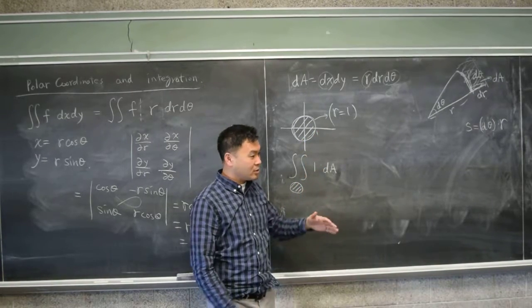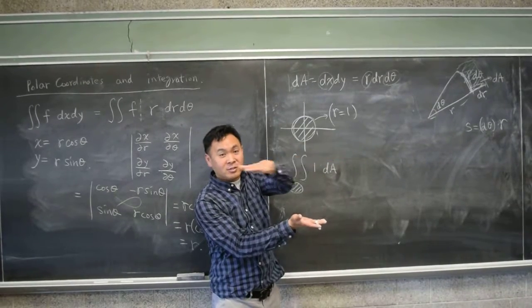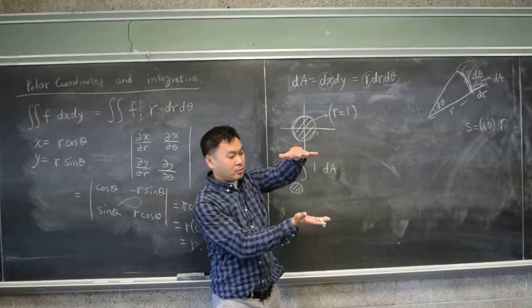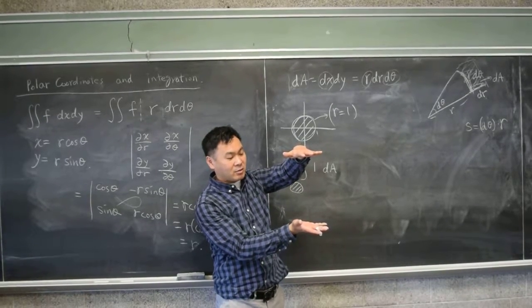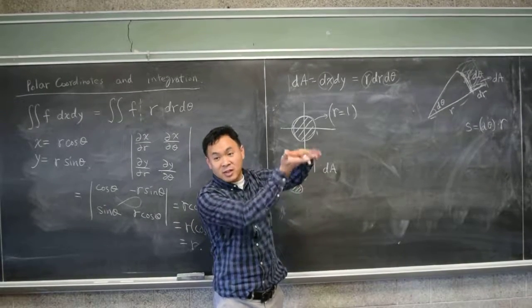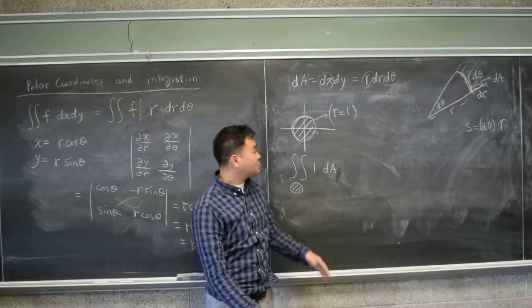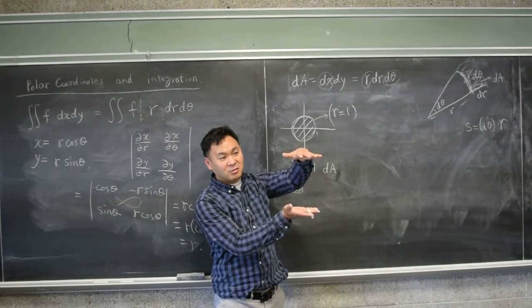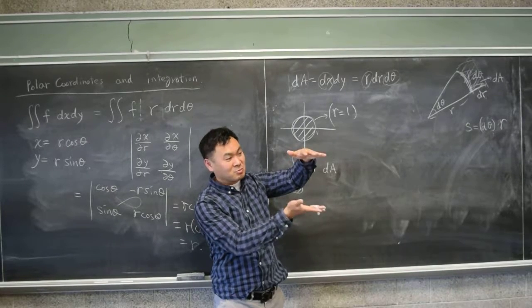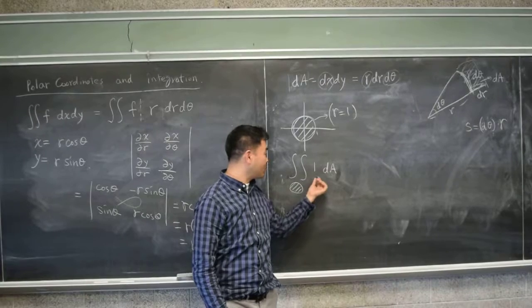If you have something that has the same height, the volume of this object is just the base area times the height, right? That's how you get the volume of a column. And especially when this height is 1, the volume is just 1 times the base area. So you end up with just the base area if you're integrating 1.